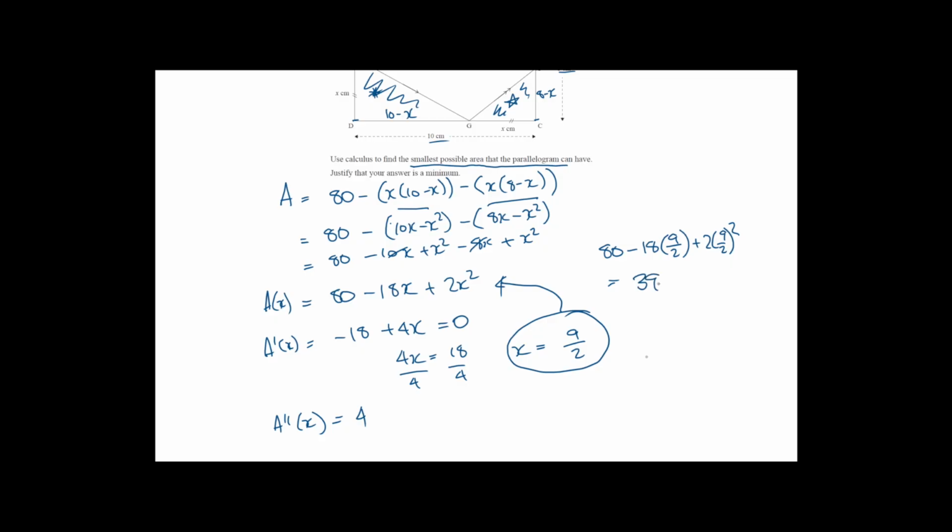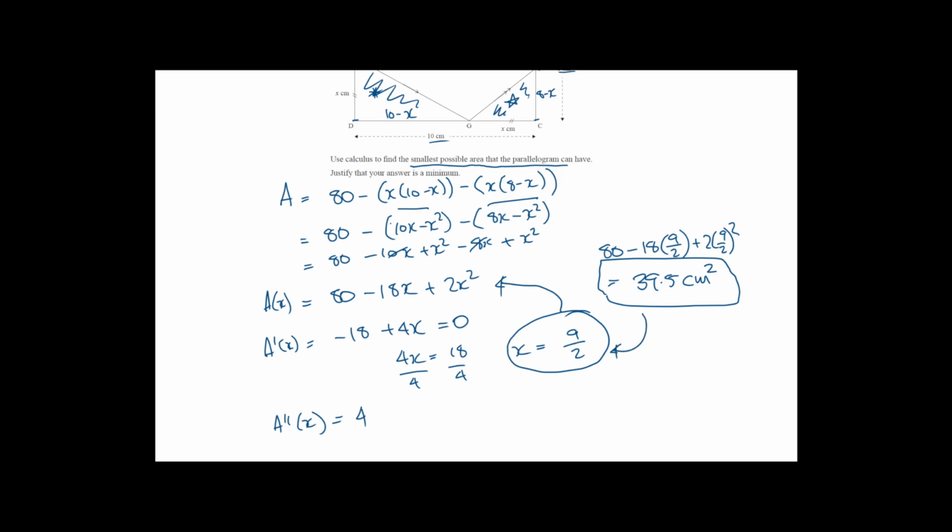So 39.5, and the units is centimeters, and it's area, so it's going to be centimeters squared. So that would be our final answer, 39.5 centimeters squared when x is that.